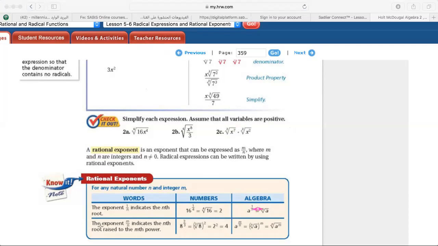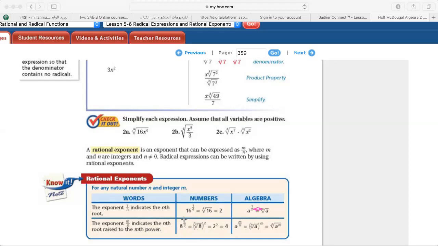The exponent m over n indicates the nth root raised to the mth power. So 8 to the power 2 over 3 means that, as we said, the denominator is the index, so it is the cube root of 8, all of this term to the power of 2, all of this term squared.